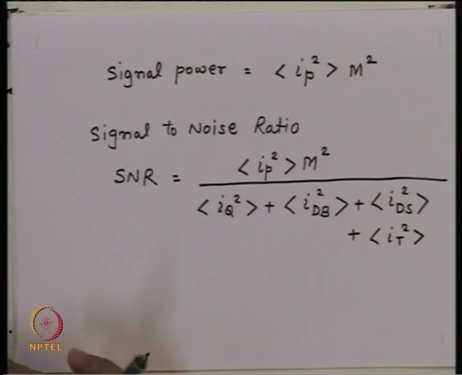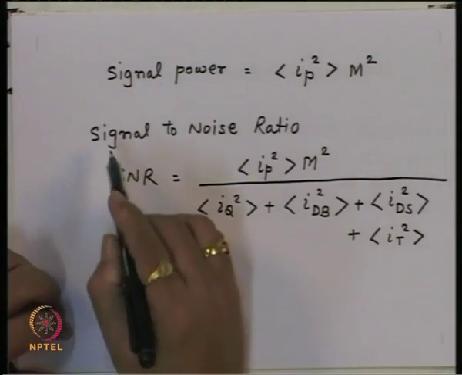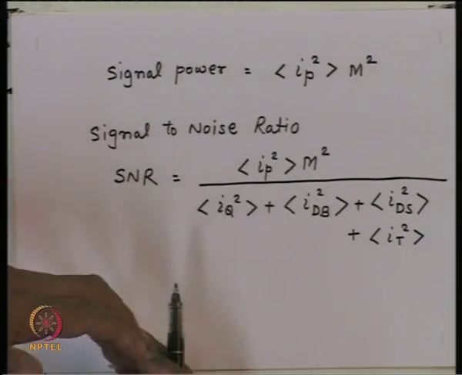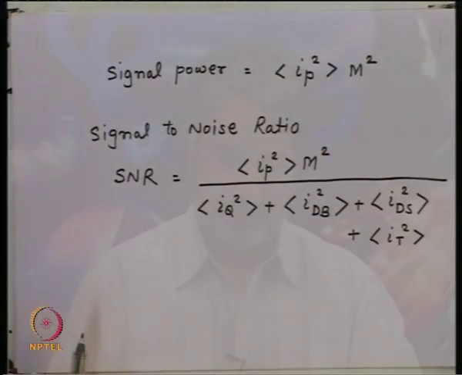And we will see that for an optical communication system, this is the important quantity, which will essentially decide the overall performance of the system. So, we will make use of this expression later on when we will try to estimate performance parameters like bit error rate.